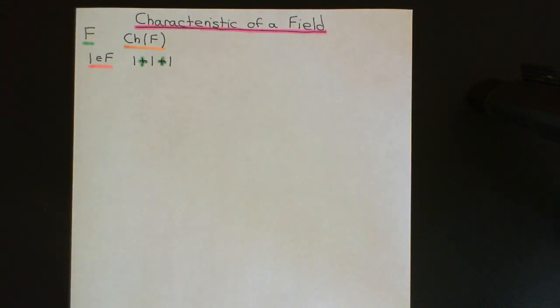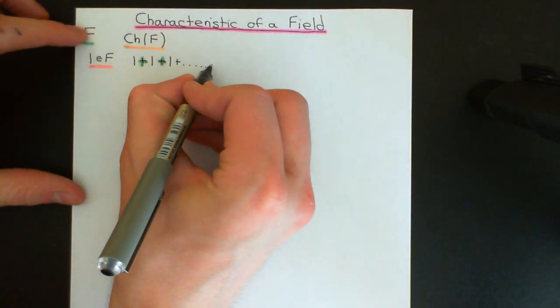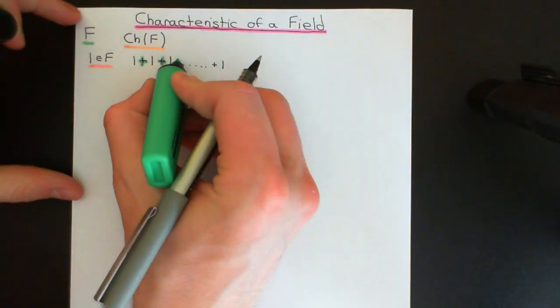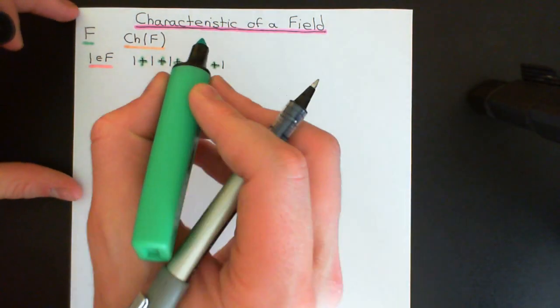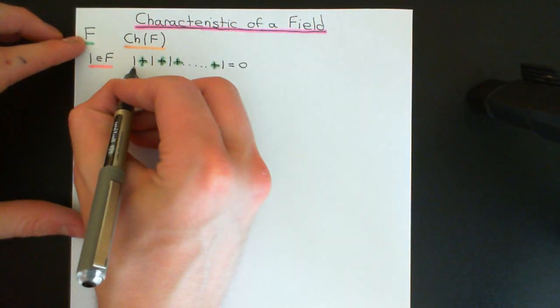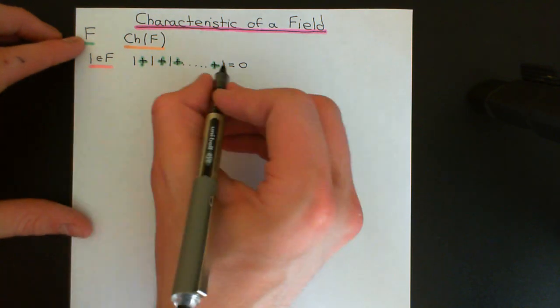If 1 plus 1 plus 1 was not equal to 0, then you're not done yet, you would have to continue on, adding 1s together until you get back 0. So, in order to work out the characteristic of a field, you ask how many times do I have to add 1, the multiplicative identity in my field, to get back 0.